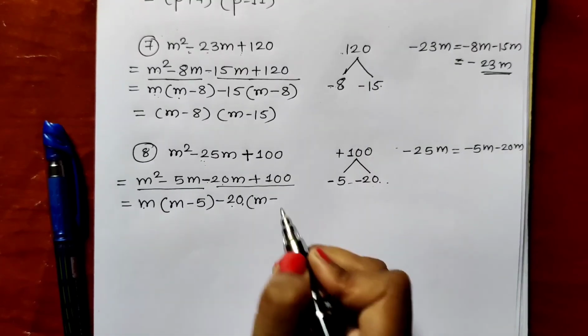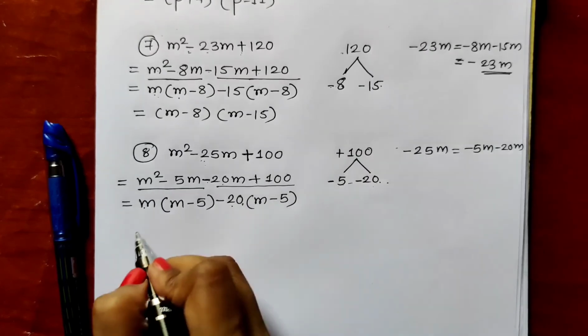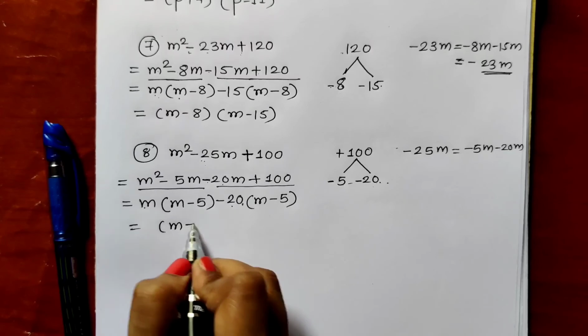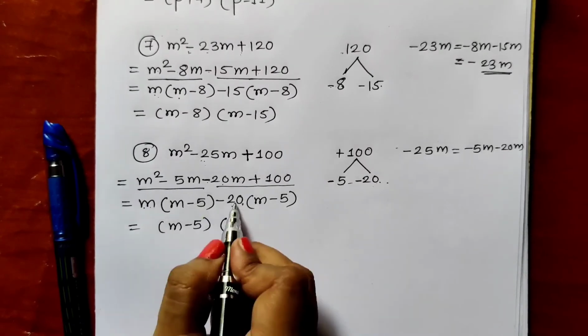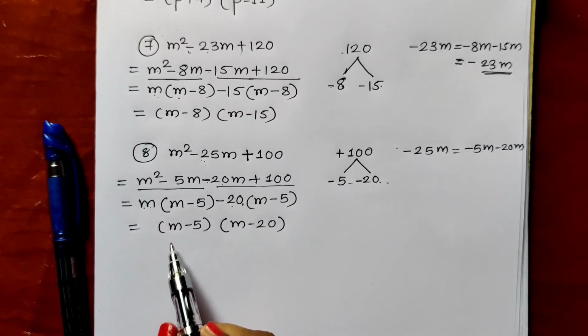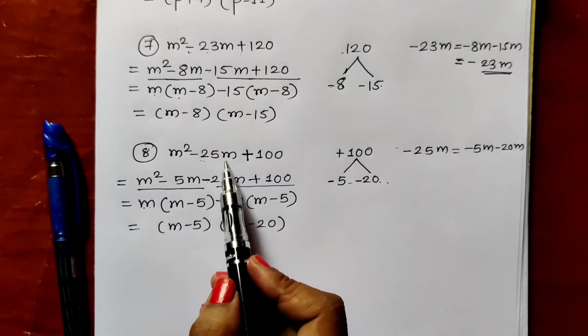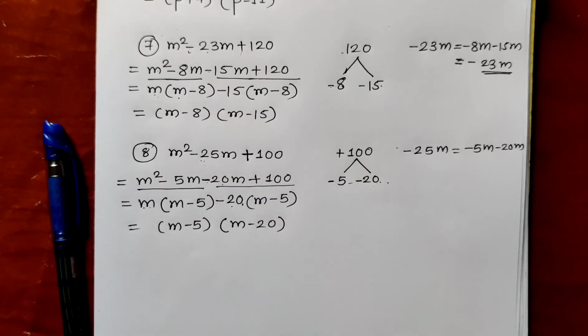Minus into minus is plus, 100 divided by 20 is 5. The bracket m minus 5 is common, we write it one time. In the second bracket we write m and minus 20. So the two factors of m square minus 25m plus 100 are m minus 5 and m minus 20.